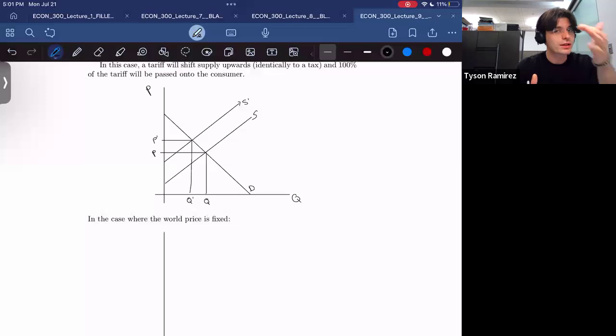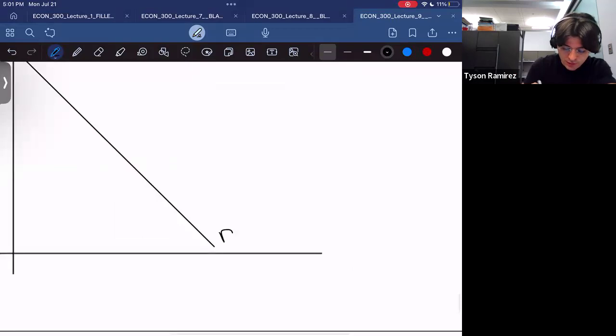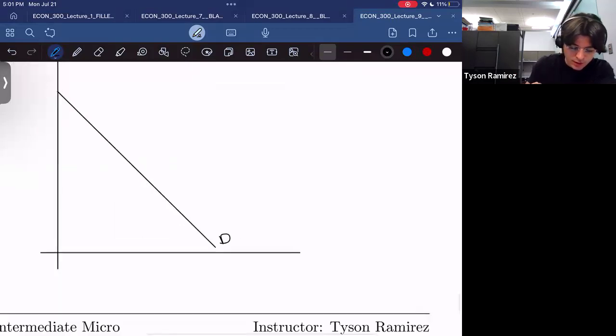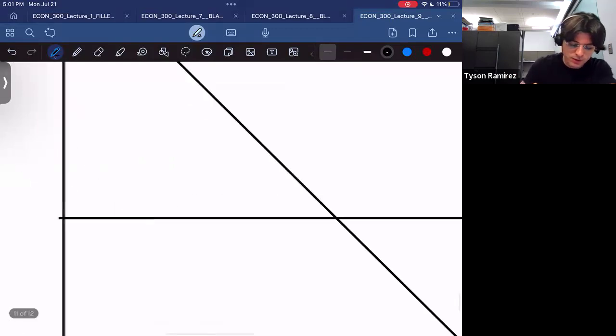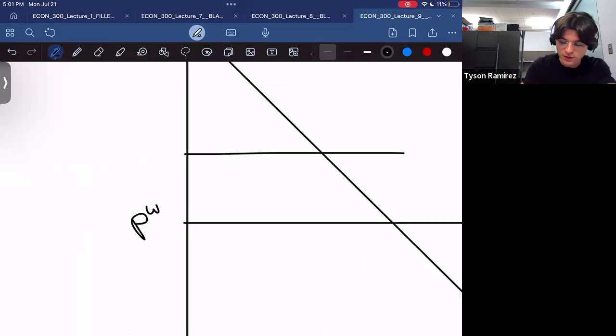But we want to consider what about perfect competition? All right. Perfect competition, the world price is fixed. So demand stays the same. This is the P world. What if the world price is fixed?